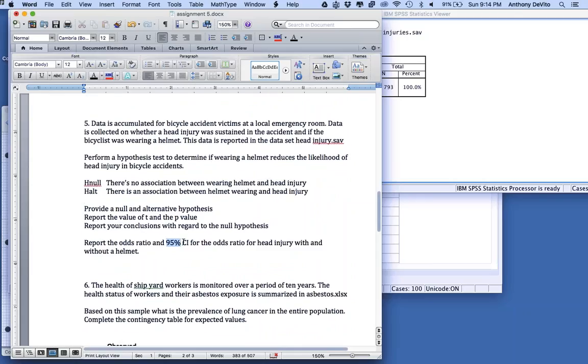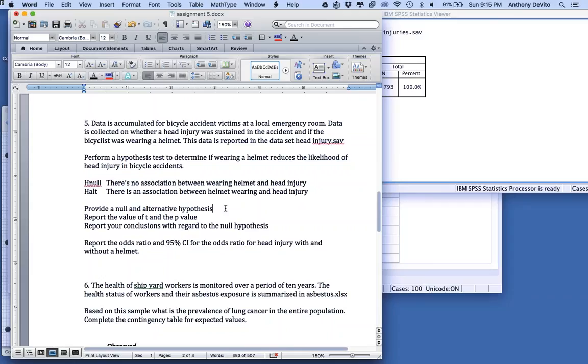But you did notice I mentioned 95% confidence interval, so I think you can probably generalize that to an alpha error of 0.05. We want less than 5% chance of being wrong if we reject the null hypothesis. Okay, so that's our objective now.